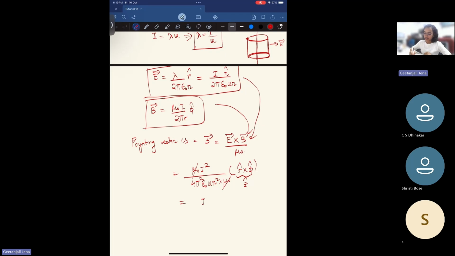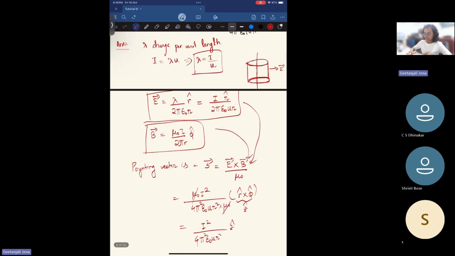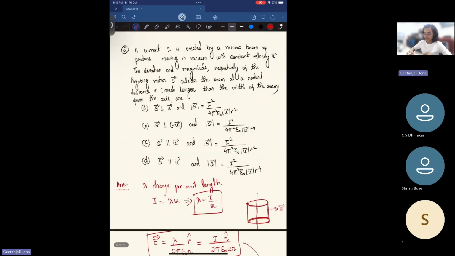So this is I square by 4 pi square epsilon mu r square z cap. So this will be our answer, and let us see which one that is. So option C. This is the correct answer.